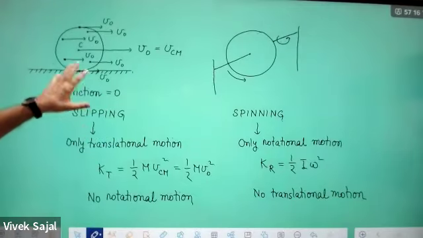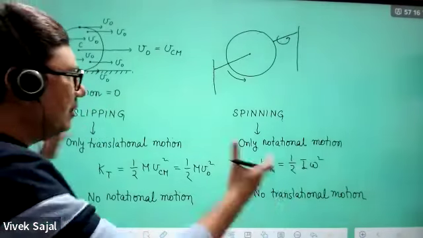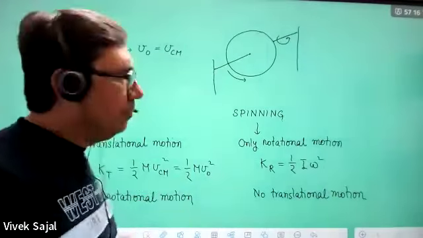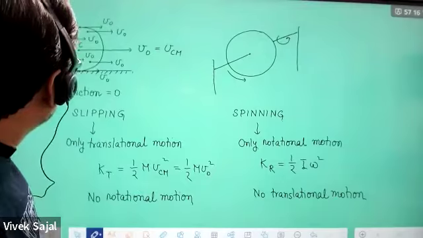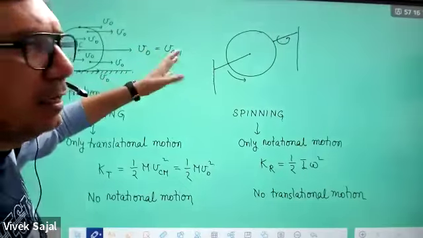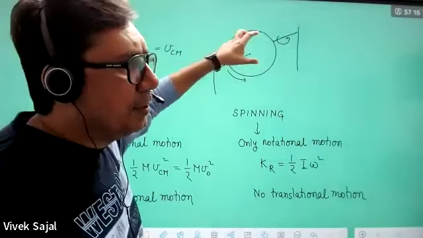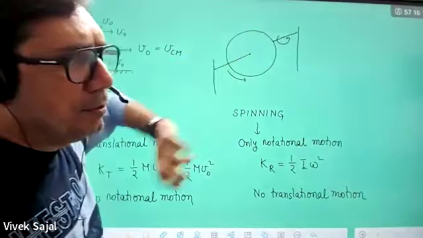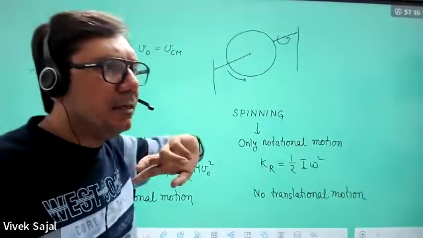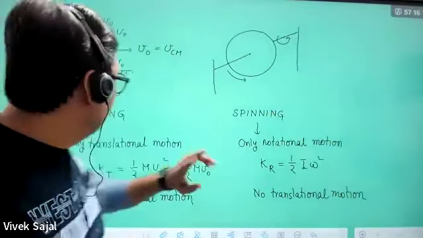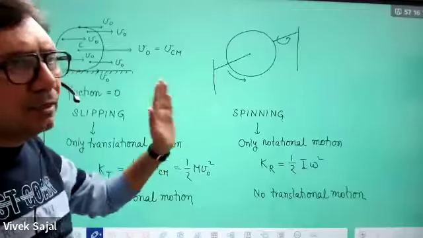Next, suppose you combine these two motions together, means slipping is taking place as well as rotation. Spinning is also taking place. Spinning and this translational motion, spinning and slipping, both are taking place.